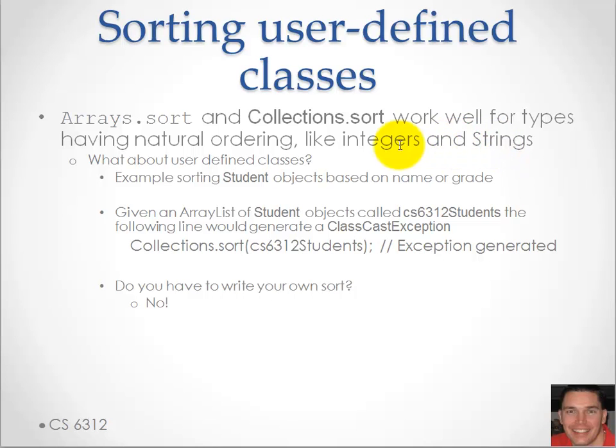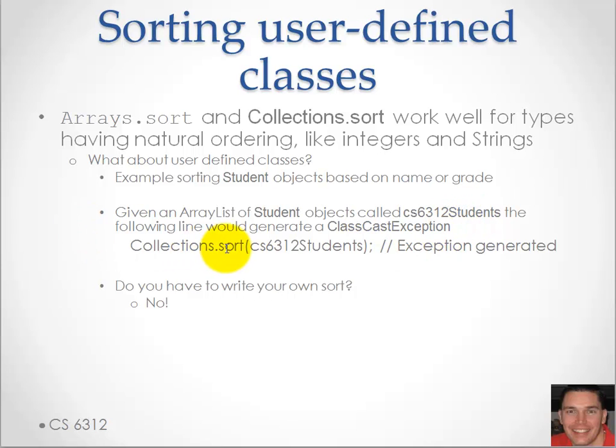But what happens now if we move on and we have a collection of student objects or a collection of car objects? As an example, let's say I'm given an ArrayList of student objects called CS6312 students, which stores the first name, last name, grade, height, etc. of all the students in a class.